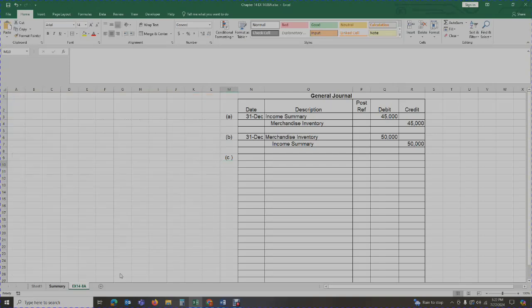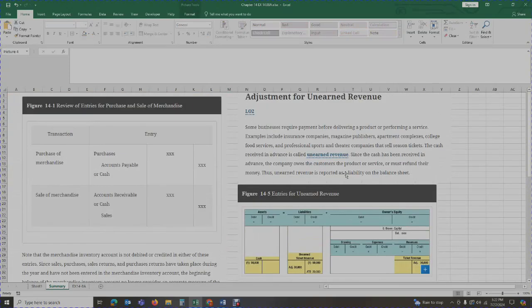In your textbook, they talk about adjustments for unearned revenue. This applies to anything that is unearned, and it says so in the text. It says some businesses require payment before delivering a product or performing a service. Examples include insurance companies, magazine publishers, apartment complexes, college food services, professional sports companies that sell season tickets, anything of that nature.